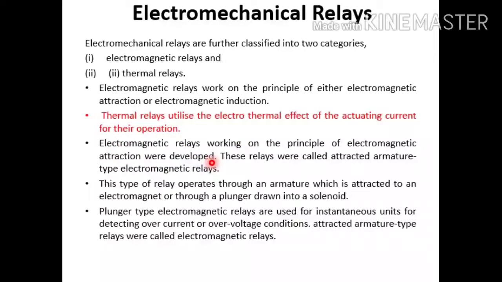These relays were called as attracted armature type of electromagnetic relays. This type of relay operates through an armature which is attracted to an electromagnet or through a plunger drawn into a solenoid. Plunger type of electromagnetic relays are used for instantaneous units for detecting the overcurrent or the overvoltage condition. Attracted armature type relays were called as electromagnetic relays.